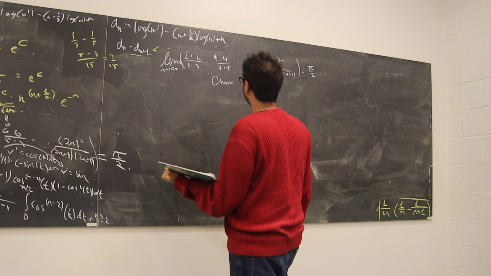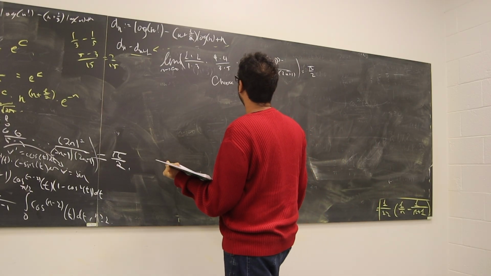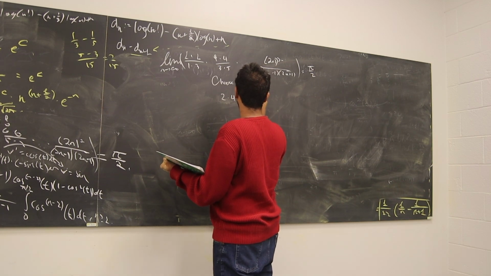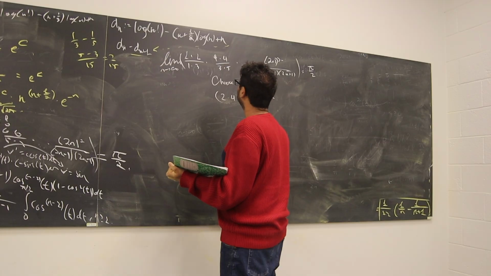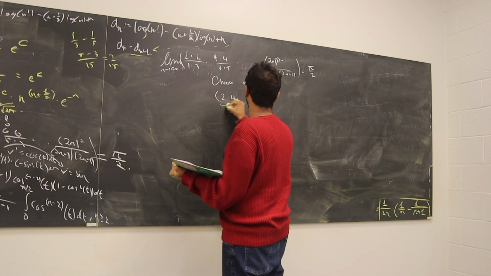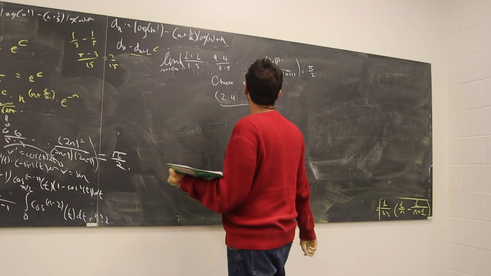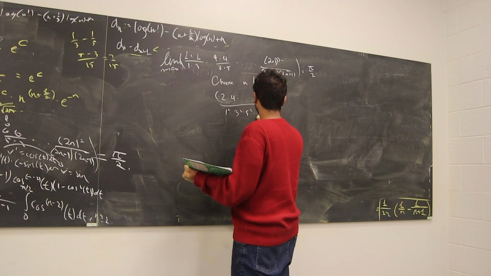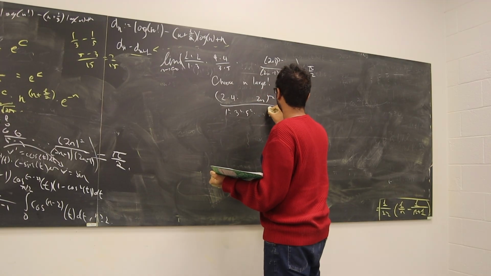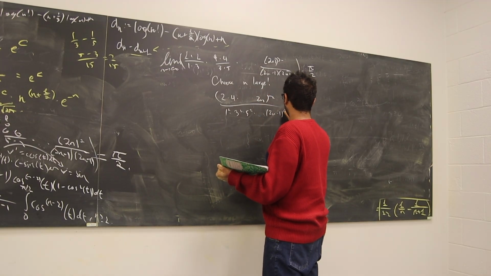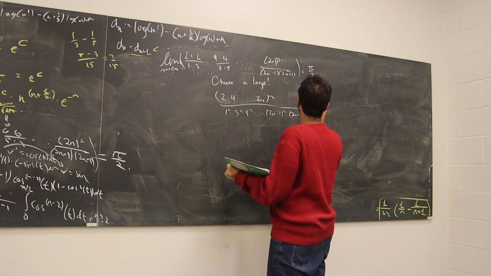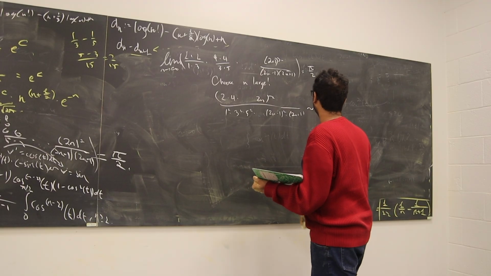Because we're trying to do this approximation for a large n, we have 2 times 4 times up to 2n, all squared, over 1 times 3 squared times 5 squared, up to (2n minus 1) squared, times just 2n plus 1 once, is approximately pi over 2.